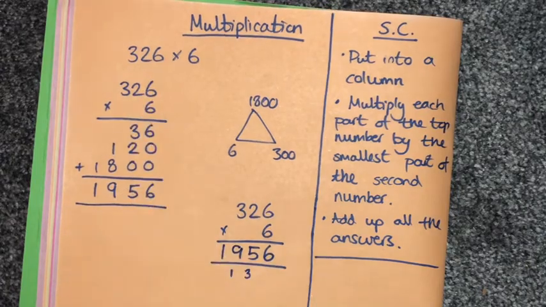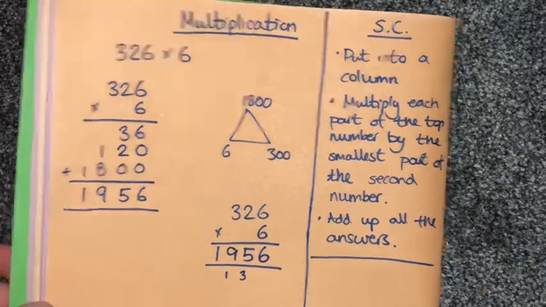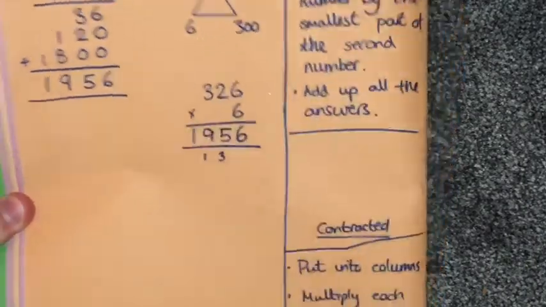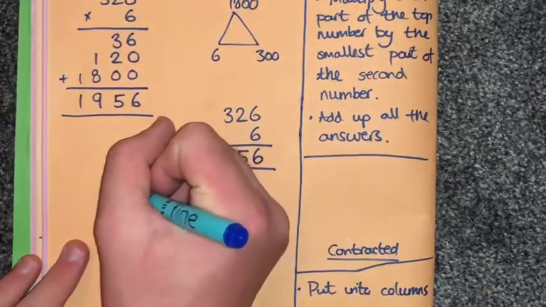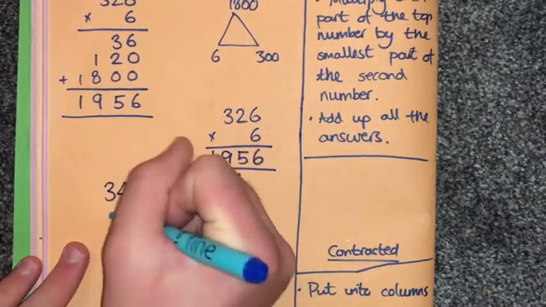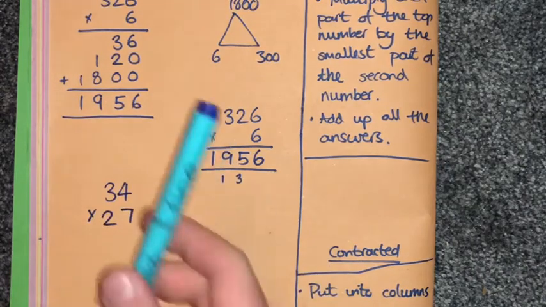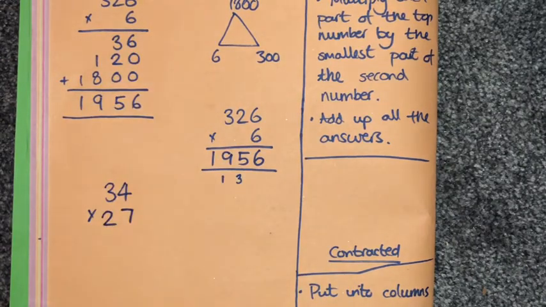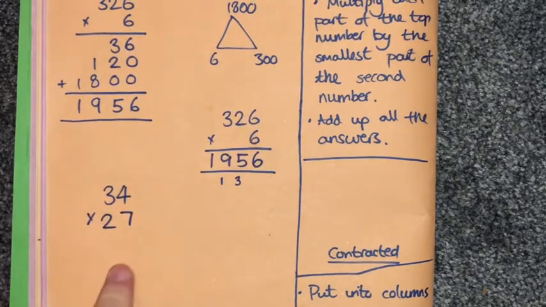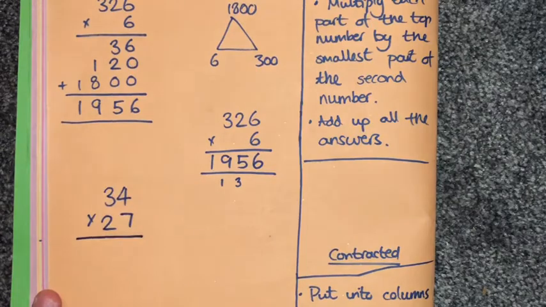Now, when we've got something like this, I don't mind. However, if we end up getting to problems that look like 34 times by 27, if we try and use extended, it's going to end up being a bit too long. So this is where we need to get into contracted methods. So let me show you one of these.